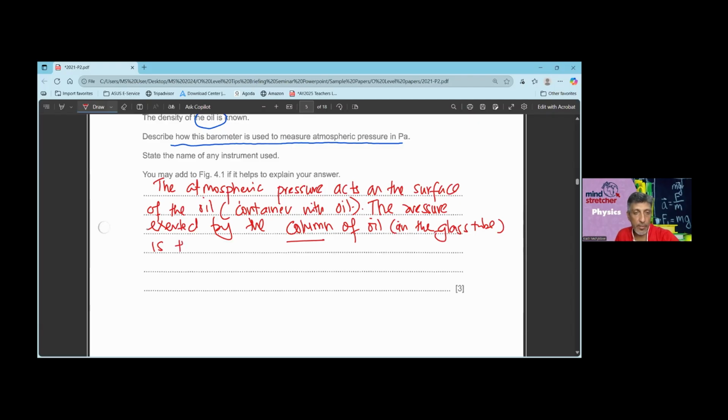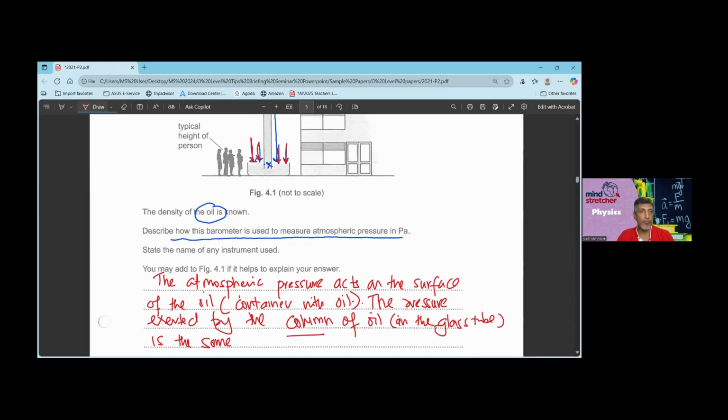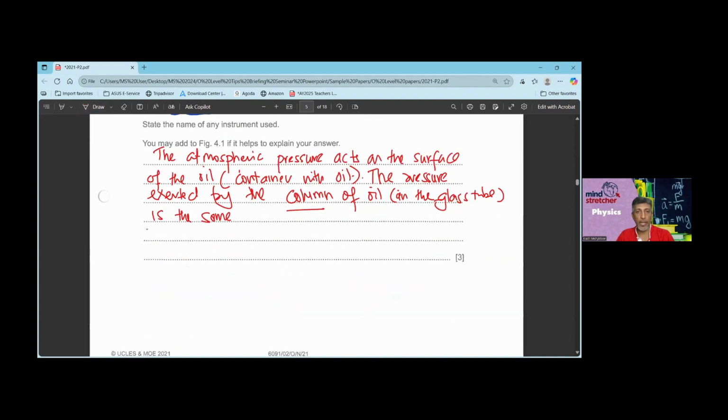So this is the column, the glass tube. The pressure is the same at the same level. The pressure here and here and everywhere is the same, at the same level.